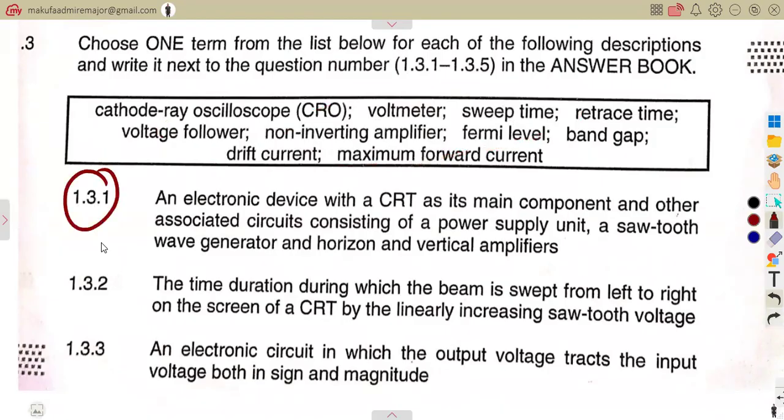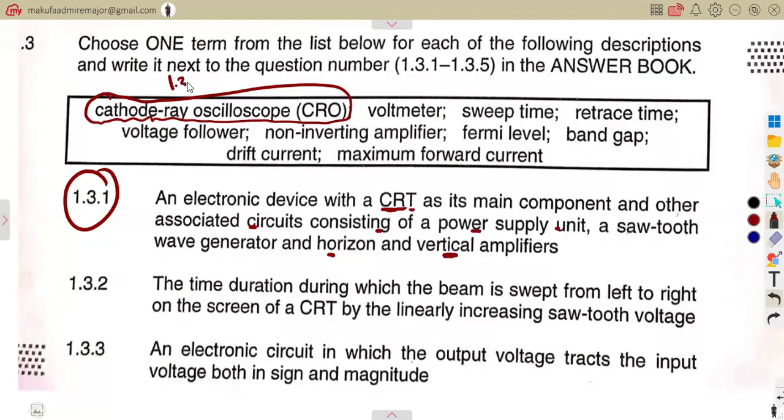Okay, 1.31: an electronic device with a cathode ray tube as its main component and other associated circuits consisting of a power supply unit, a sawtooth wave generator, and horizontal and vertical amplifiers. Okay, that is actually a cathode ray oscilloscope. This one is the one that we're going to need. So this was going to be our answer.